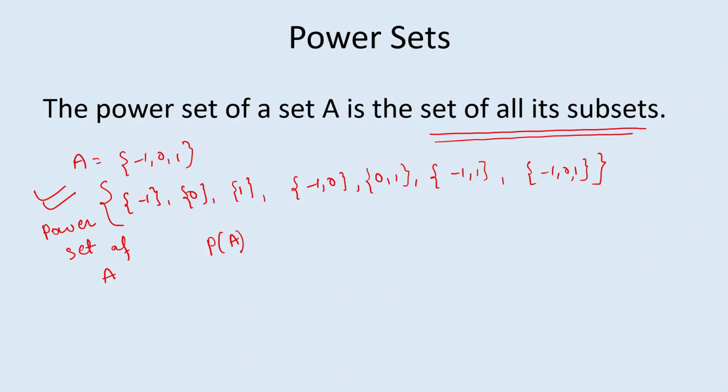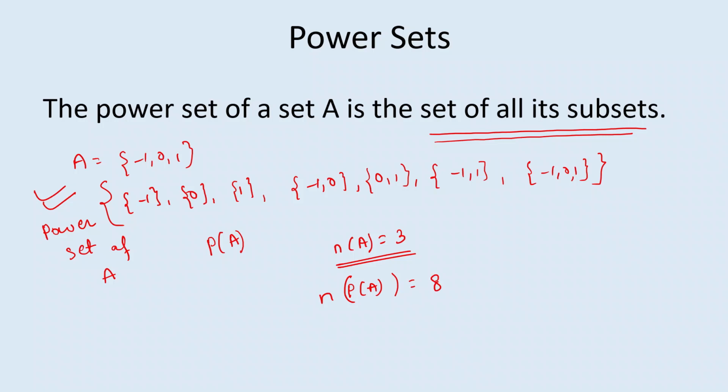Now a quick question, can you tell me how many elements are there in the power set of A? So A is having 3 elements, so the cardinality of A is 3. If you have forgotten what cardinality is, you can go back and watch my previous video on it. So the cardinality of A here is 3, and the cardinality of the power set of A is 8.